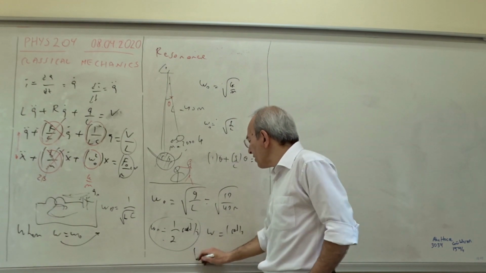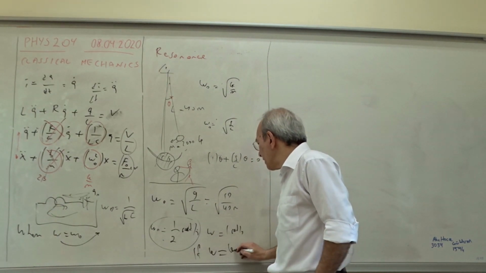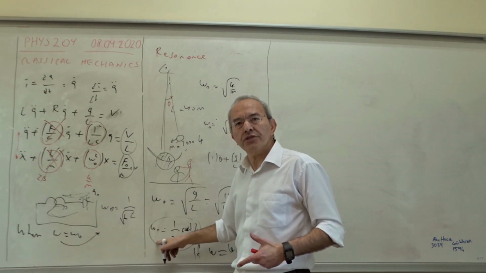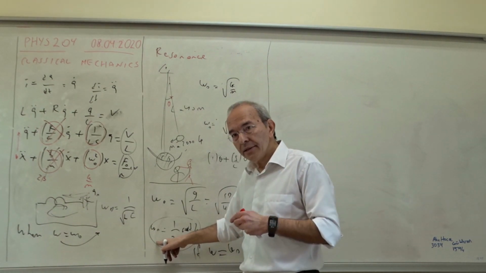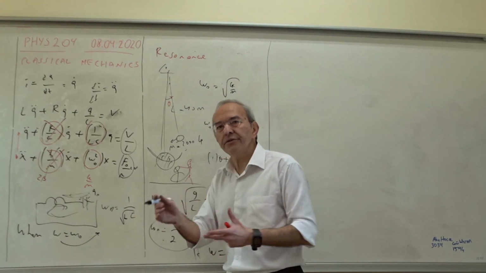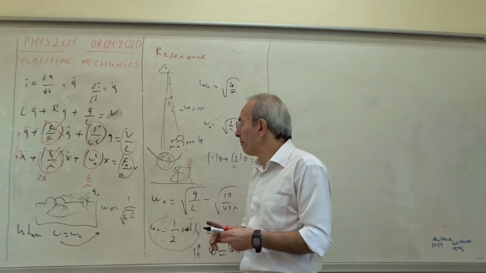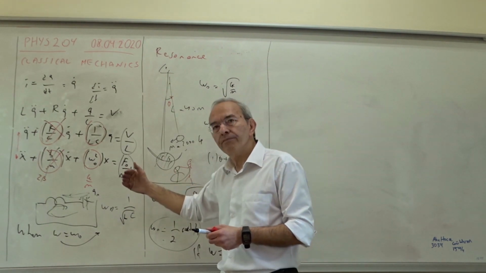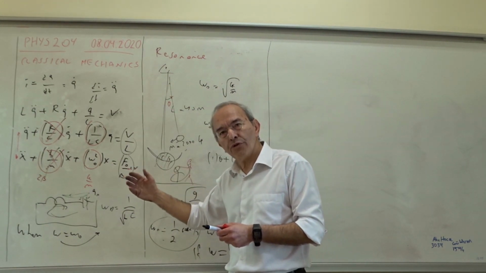Okay? But if your omega is the same as omega 0, which is the natural frequency of the system, then sooner or later, maybe it takes some time, of course, but after maybe a few minutes, it starts to oscillate back and forth.